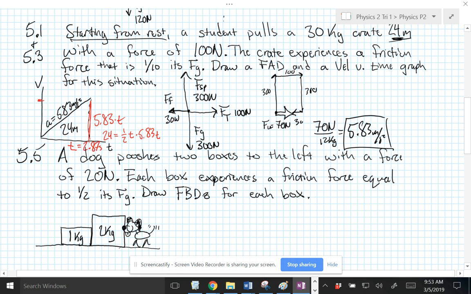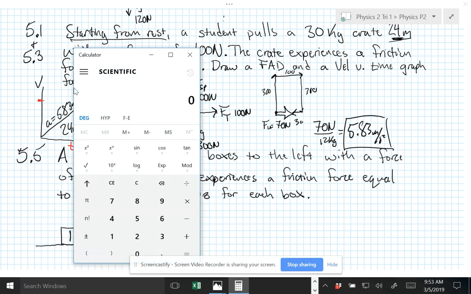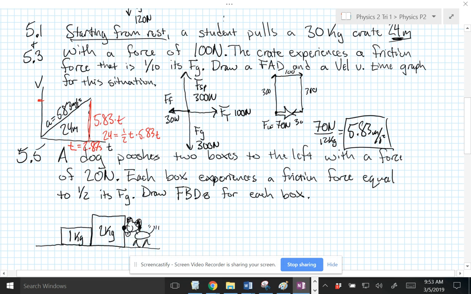And then I can figure out the velocity if I multiply that 2.87 seconds times my acceleration. Oh, no. 2.87 times 5.83, 16.7 meters per second over there. Okay? And so that's how I would get the velocity and time.